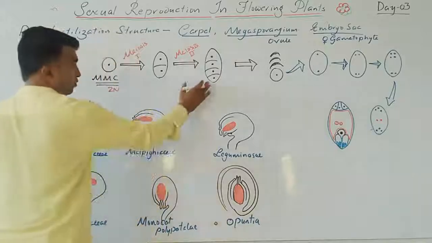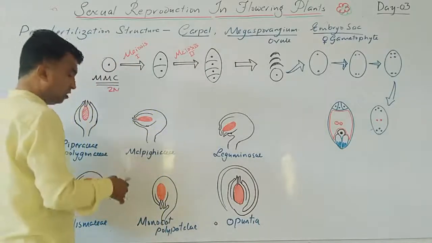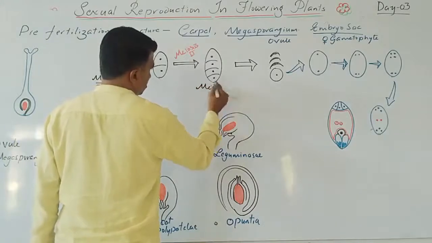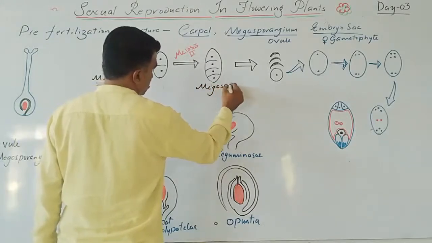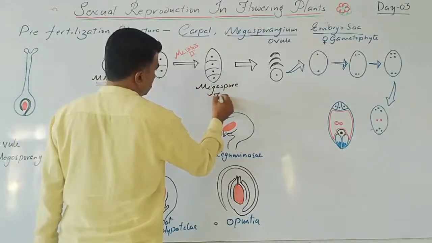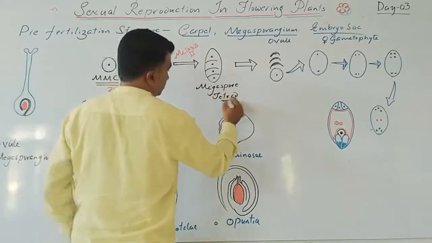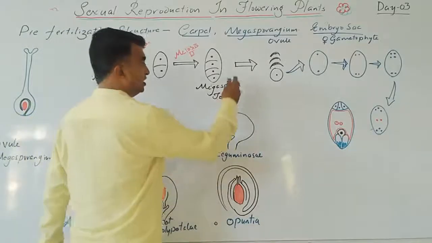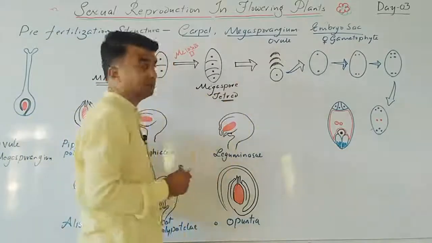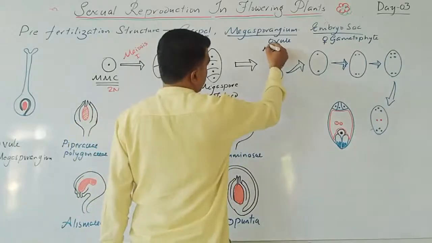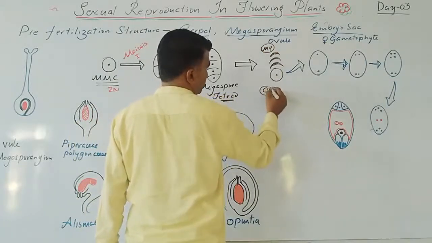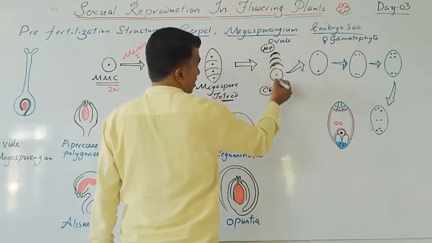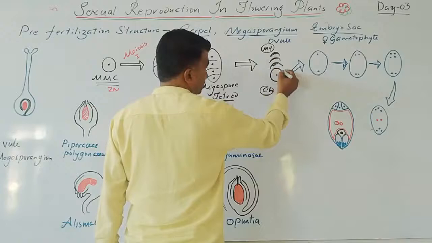So ultimately four megaspores are produced, a megaspore tetrad. But out of these four, three megaspores toward the micropylar end degenerate, and the one at the chalazal end becomes functional. This is the micropylar end and this is the chalaza. We already covered this one.